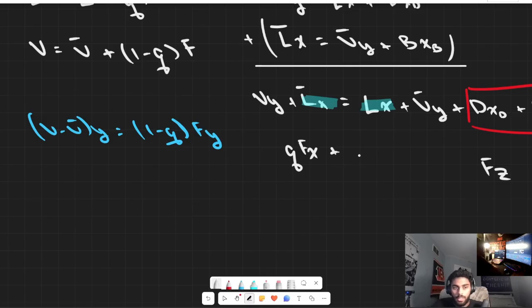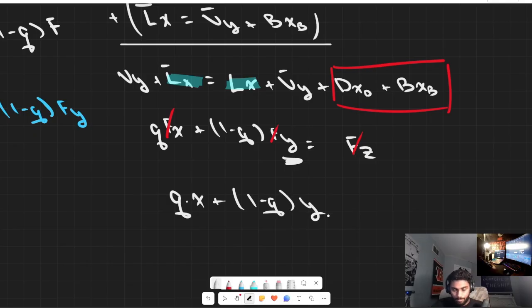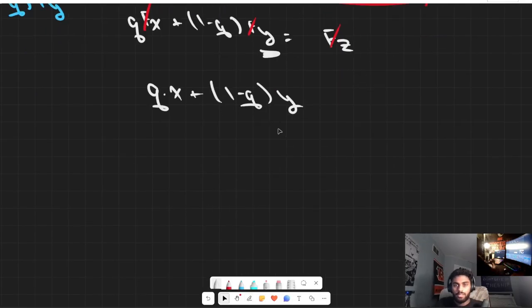So we're going to go plus 1 minus Q F Y. Well, now we look at this and say goodbye to our feed, because that's in all three terms. So what we have left is Q times X plus 1 minus Q times Y is equal to Z.